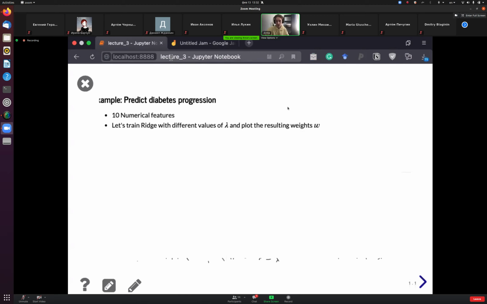Let's see on an example what this means for us. Consider a very simple problem where you're predicting diabetes progression measured by some medical feature, and you have 10 numerical features that you are using to predict it. Let's see how the coefficients of ridge regression will behave when we use different values of lambda.